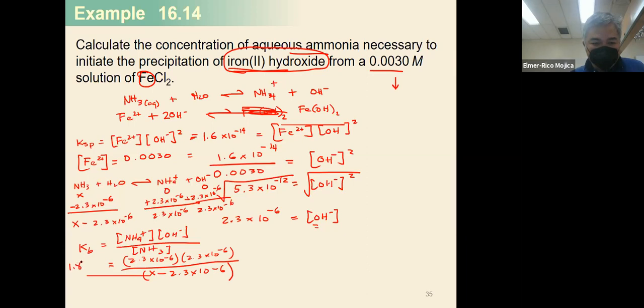So this is ammonia, so that's 1.8 times 10 to the negative 10. So what is the x equal to? The x should be at least 2.6 times 10 to the negative 6.